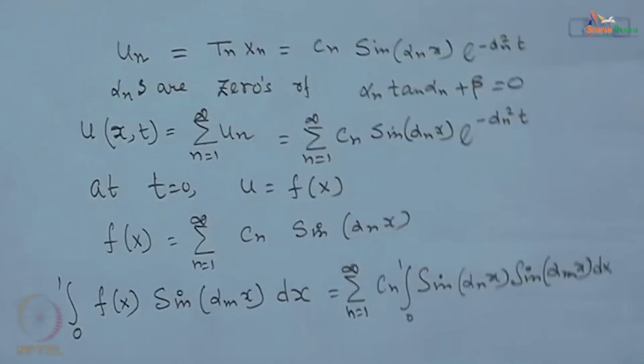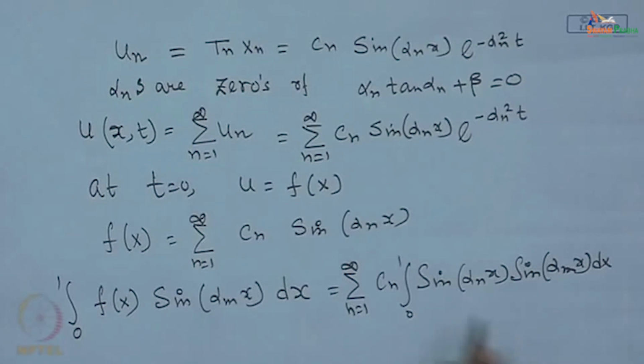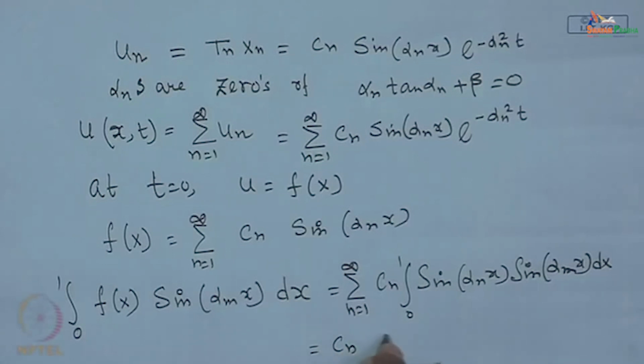So, if you open up this summation series, all the other terms will be 0 except the one term where m is equal to n. Because of the orthogonal property, the sine functions are orthogonal to each other. For m not equal to n, the integral from 0 to 1 of sin(alpha_n x) sin(alpha_m x) is equal to 0. Only one term will survive, when n is equal to m.